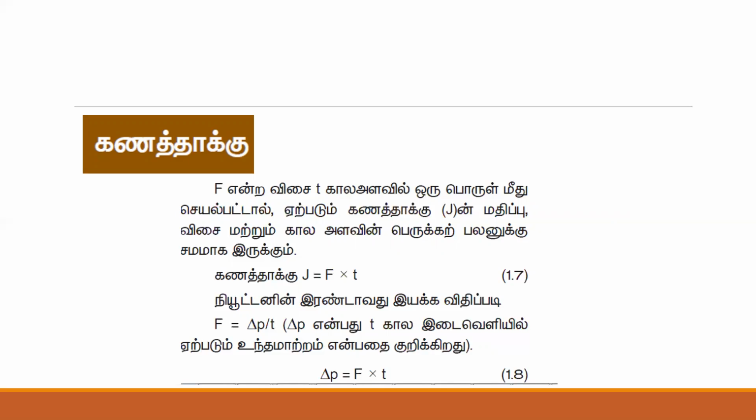J என்ற குறியீடால குறிக்கலாம், F into T. இரண்டாவது விதிப்படி F is equal to delta P by T. P என்பது உந்தம், delta P by T உந்த மாறுபாட்டு வீதம். வகுத்தல்ல இருக்கிற T ஐ இன்னொரு பக்கத்துக்கு கொண்டு போகும்போது அது பெருக்கலா இருக்கும். So delta P equal to F into T. புரிஞ்சுதா ஸ்டூடெண்ட்ஸ்? Thank you.